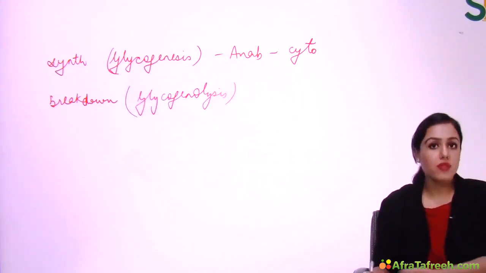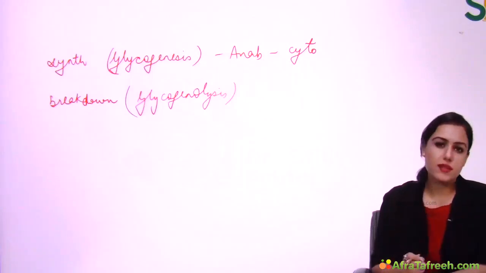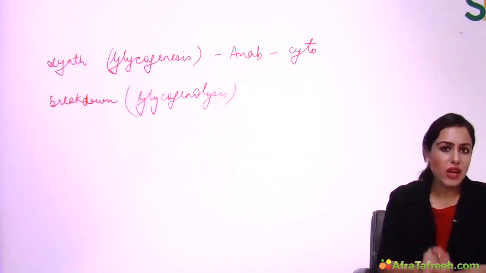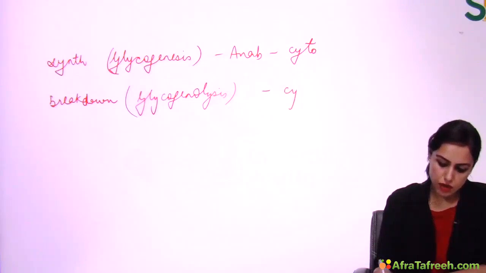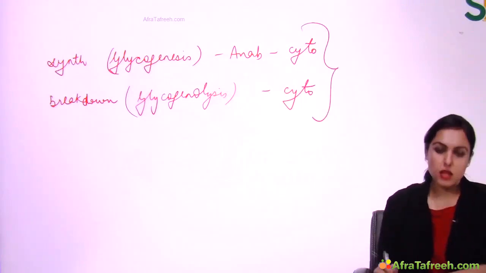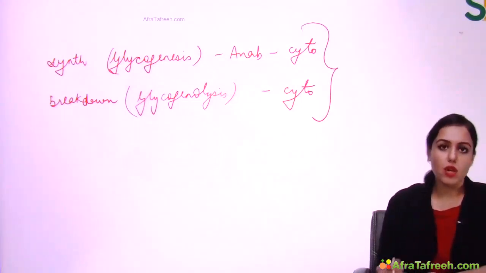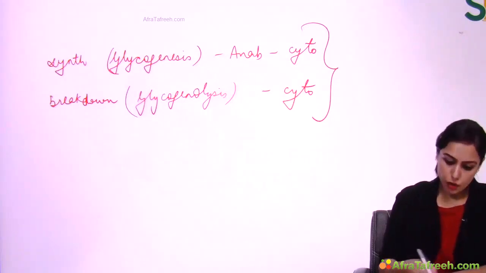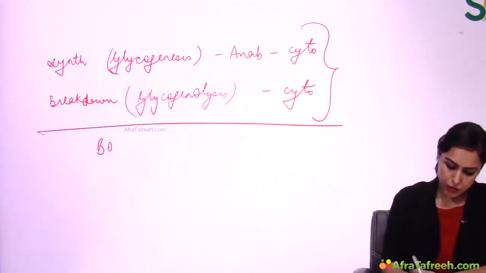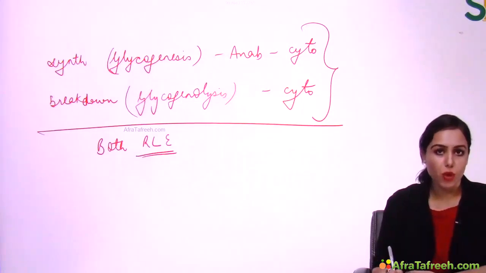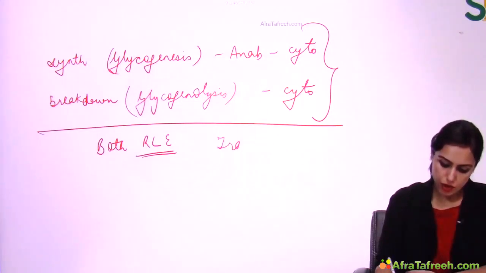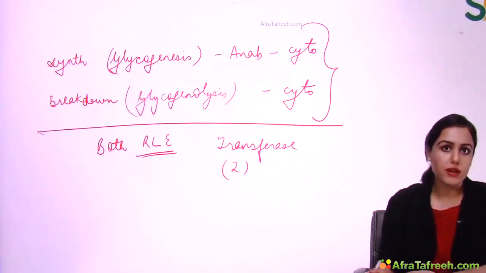Normally catabolic pathways occur in mitochondria, but this is an exception, that glycogenolysis is one catabolic pathway which occurs in cytoplasm. So can I say both the pathways of glycogen occur in cytoplasm, right? And both the rate limiting enzymes, both RLEs of glycogen metabolism, belong to the transferase category, that is EC number 2 category. We'll be doing that later also.